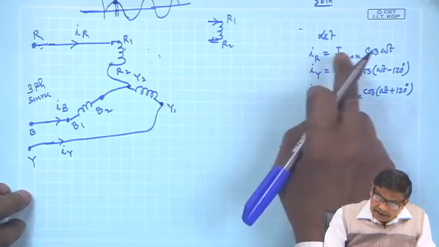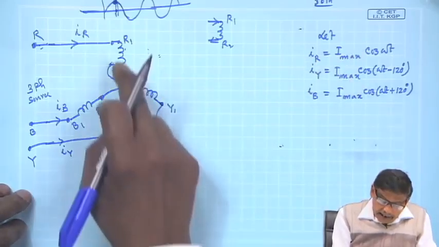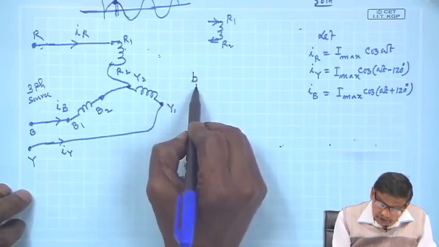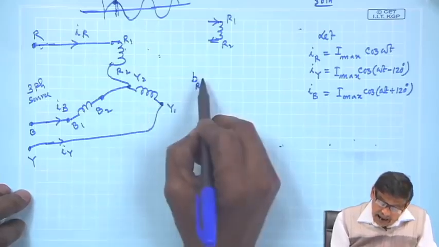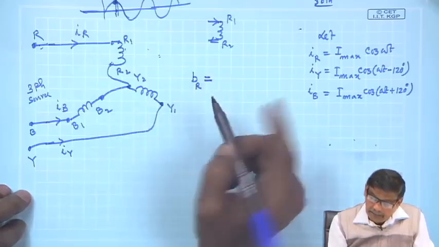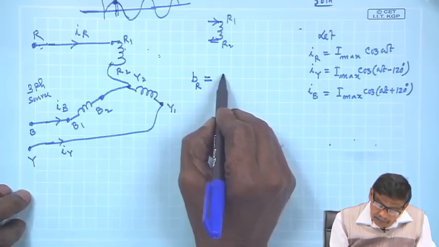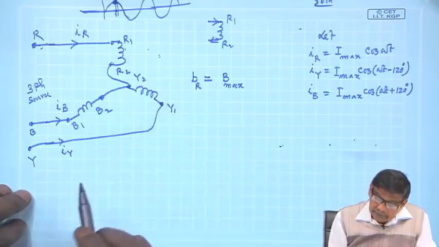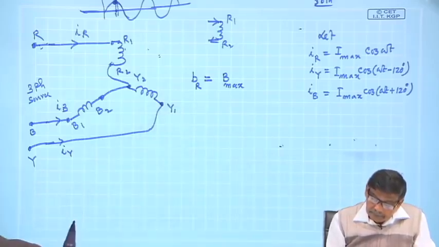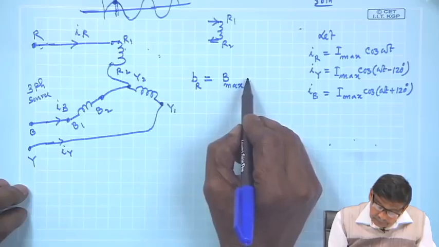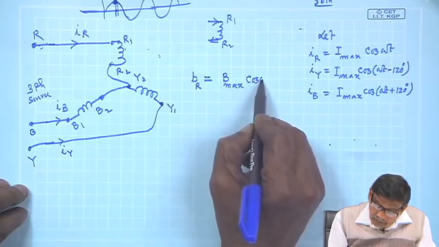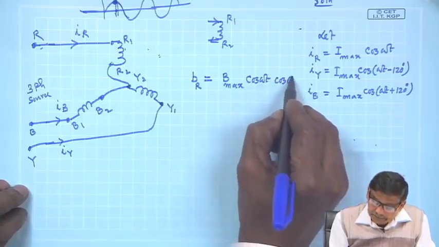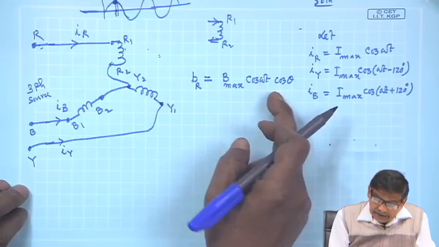Now, because of this I R, there will be a magnetic field produced in the air gap, which I am calling B R, and this will be proportional to B max cosine omega t and cosine theta. What is theta? Theta is the space angle.